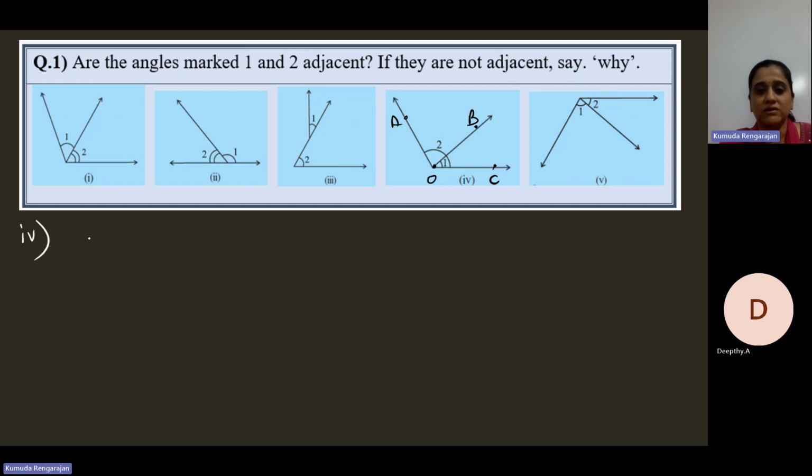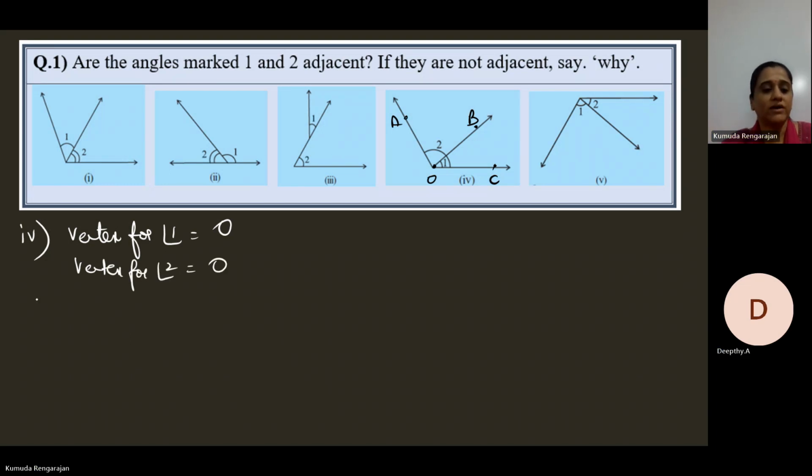So tell me the vertex for angle 1. O. Vertex for angle 2. O. Okay. Arms of angle 1. OB, OC. Ray OB, Ray OC.